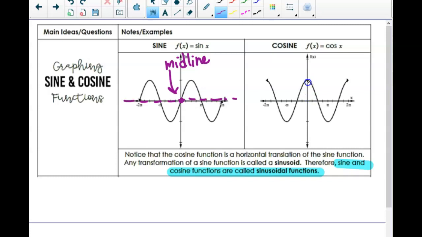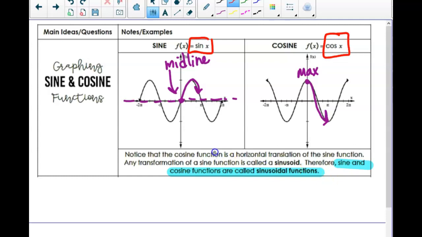This one starts at the what? The maximum of the function. Can I use that word? It starts at the max and goes down. And this one starts at the midline and goes up and down. Okay? That is the difference between sine and cosine, and you need to memorize the difference between those.